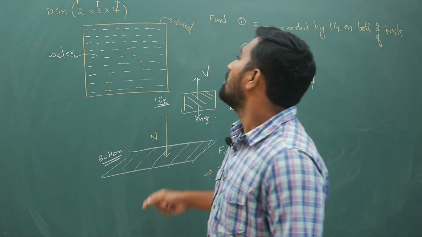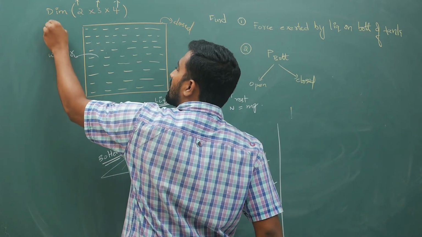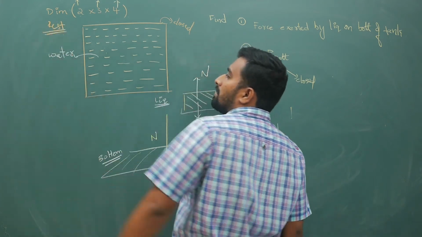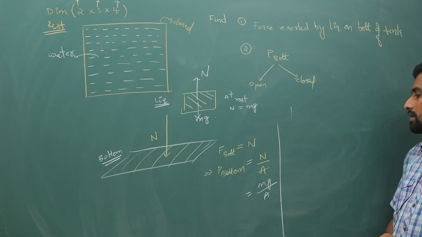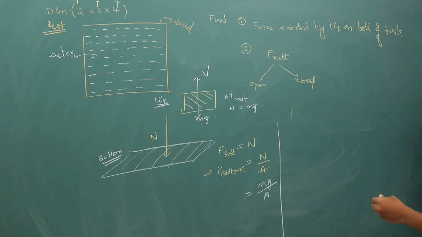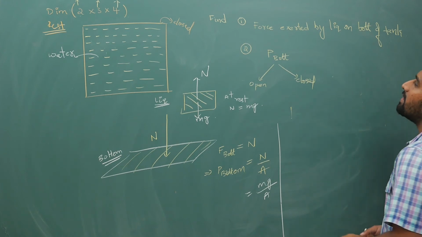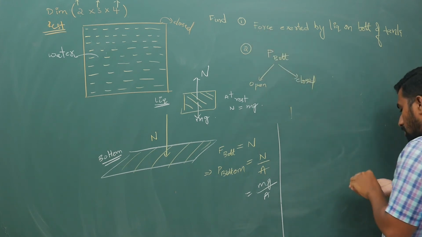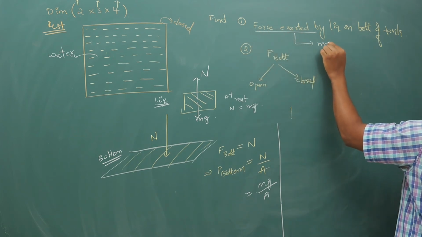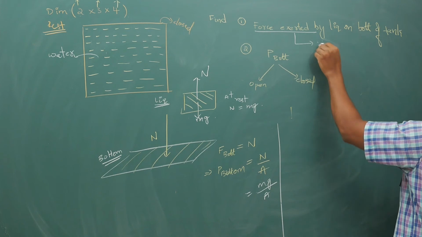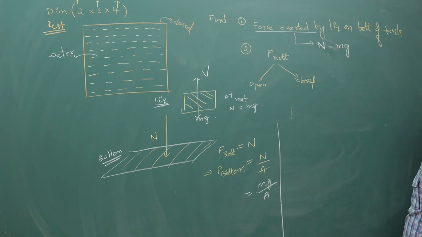In this case, if this container is at rest instead of accelerating upwards, your N is equal to mg. So what is the force exerted? The force exerted is its own weight, mg. It is actually N, and N is equal to mg here.